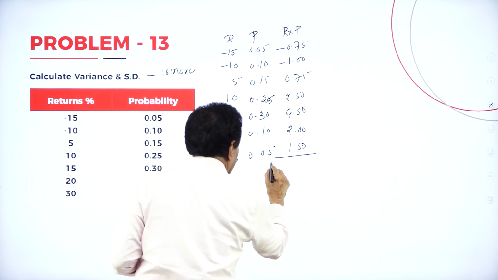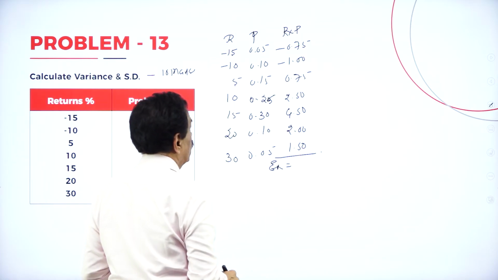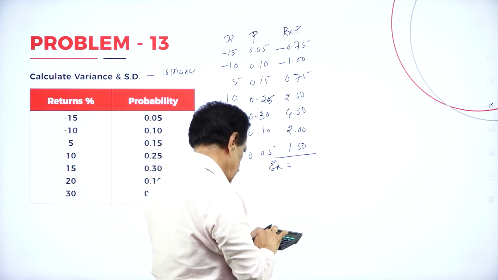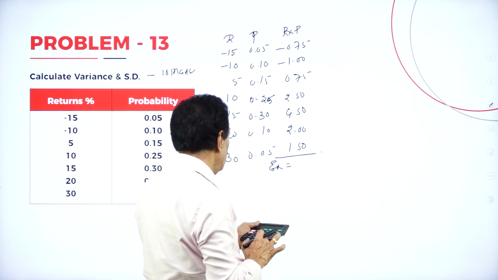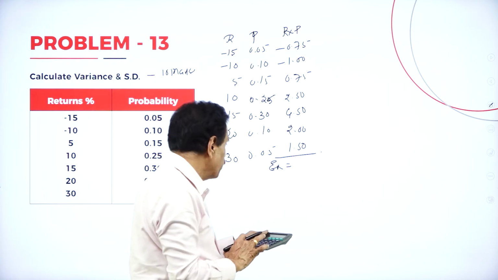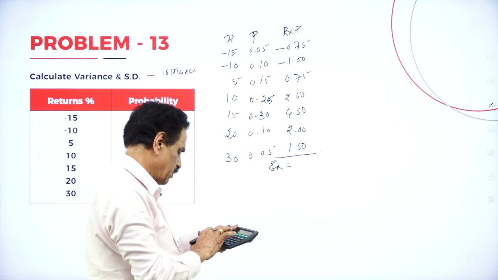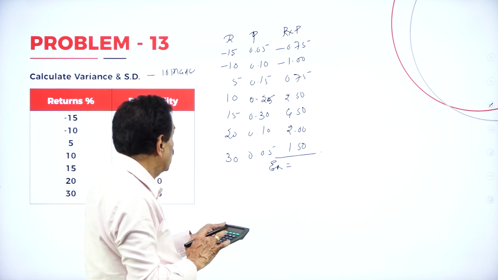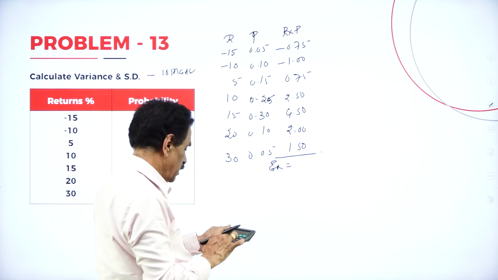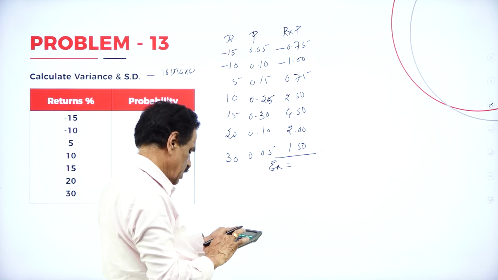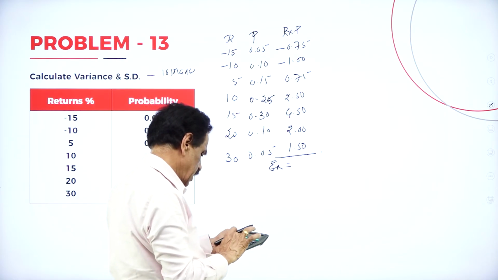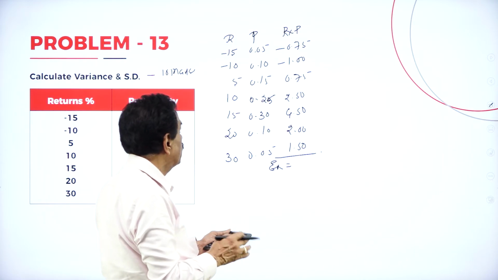Expected return ER is equal to: 0.75, 0.75 cancelled out. This is 1.50 plus 2 plus 4.50 plus 2.50 plus 0.75 minus 1 minus 0.75.